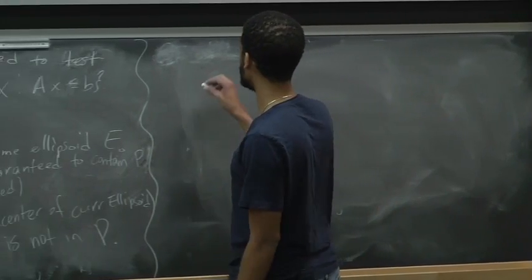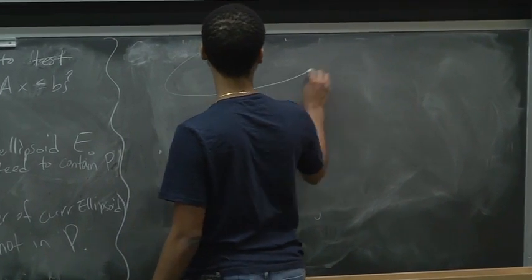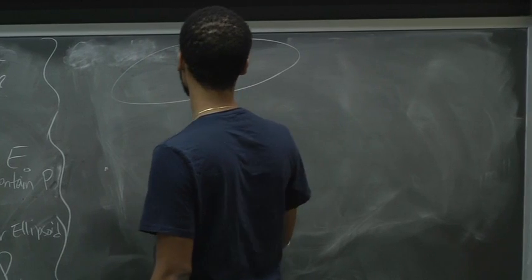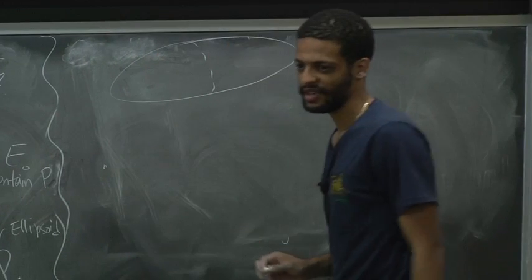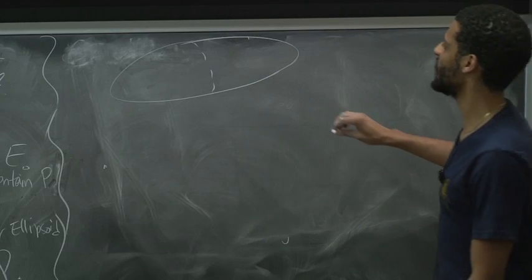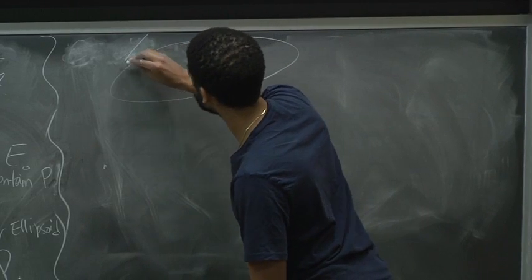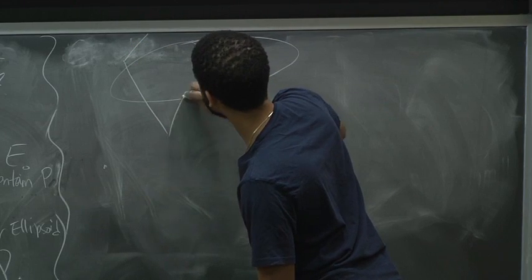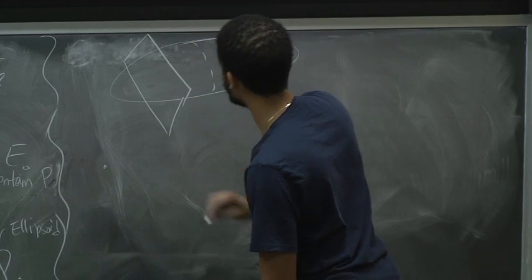what do we know? So we have this ellipsoid E, right? I can't draw 3D. And a is not in P, which means there's a violated constraint. What's a constraint? A constraint is a hyperplane. I'm really bad at drawing this 3D stuff.